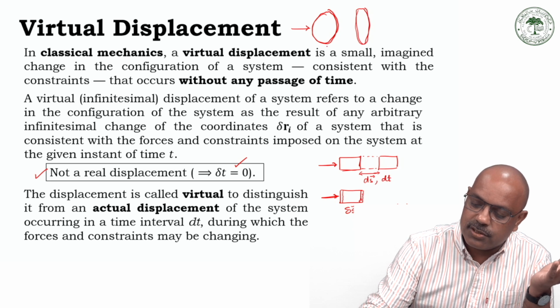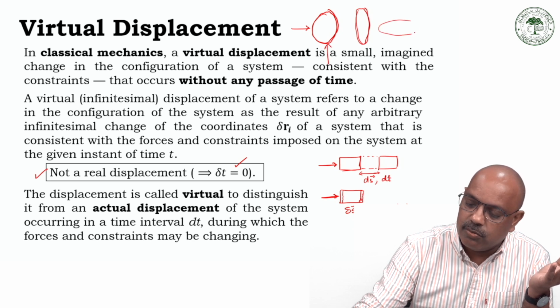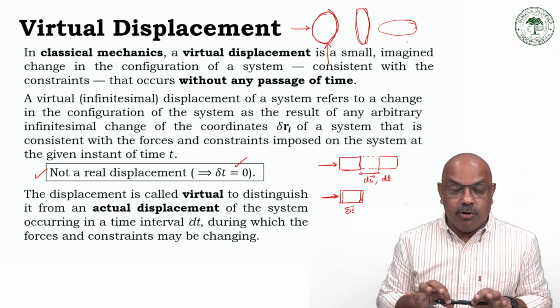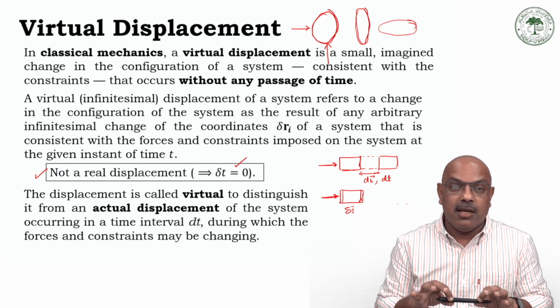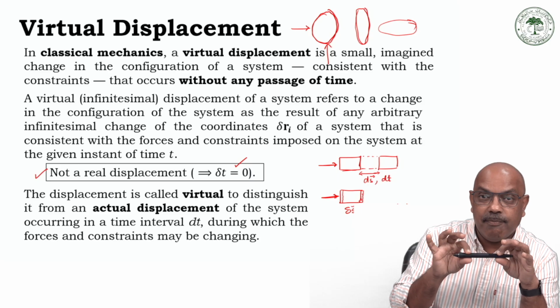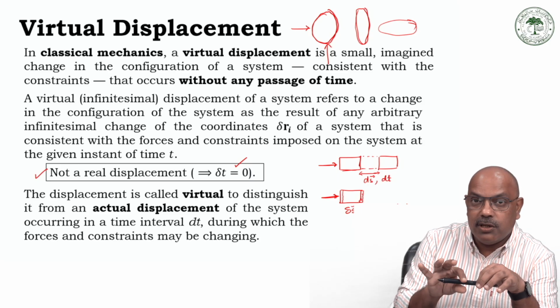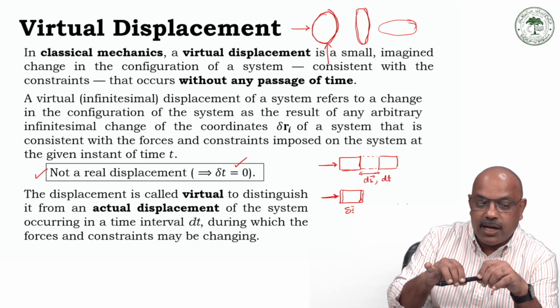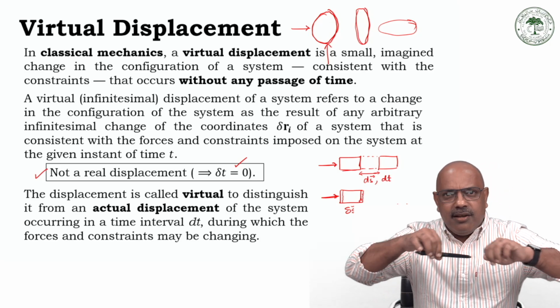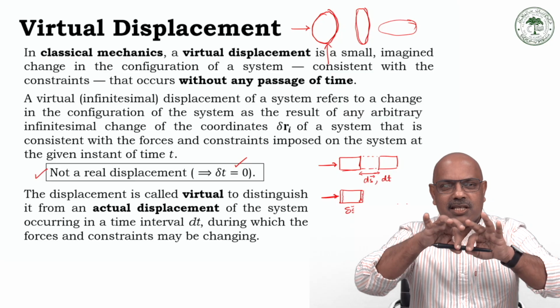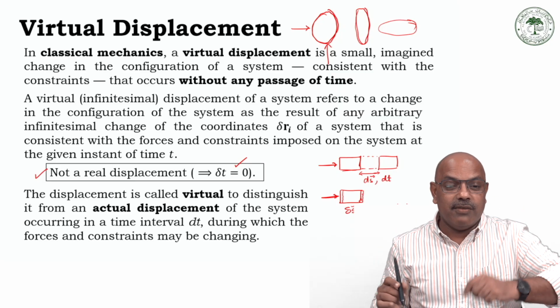If I apply force from this direction, this is going to be like this. Okay, not in case of the virtual. In real displacement, I can deform the body or I can displace the body. But in the virtual displacement concept, the moment I am pulling it, there is a possibility that an imaginary kind of displacement is taking place without involvement of time.